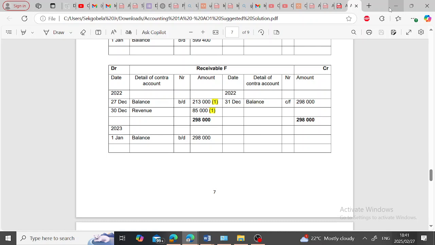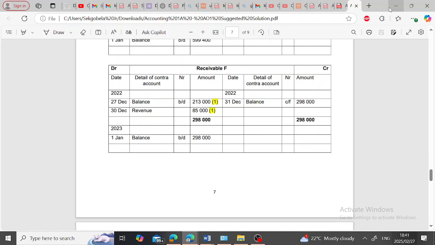We had nothing on the credit side. There was nothing. So which side is greater? The debit side, so it's going to be 298,000, right? So the balance carried forward is 298,000.